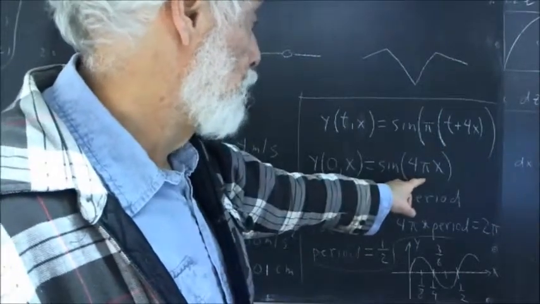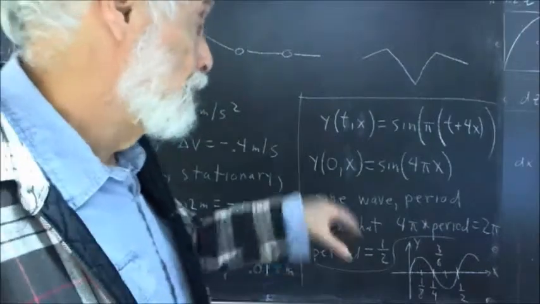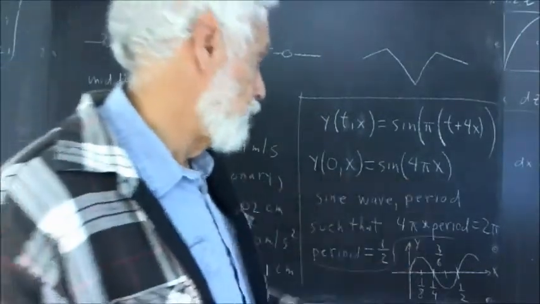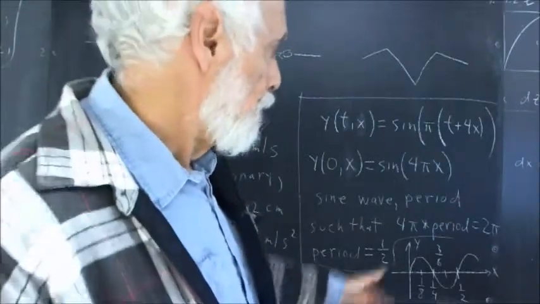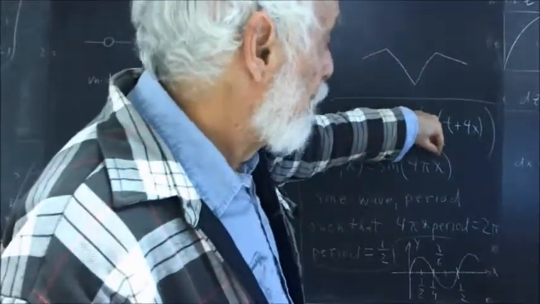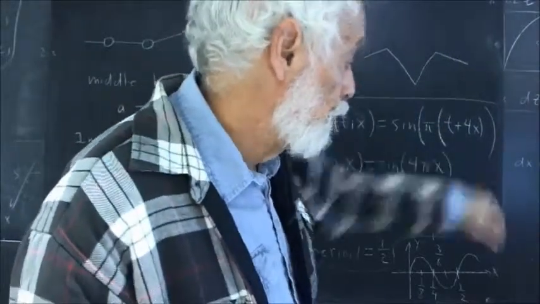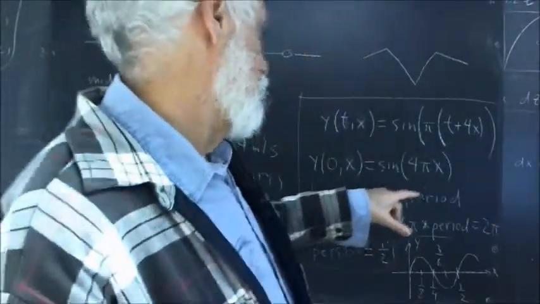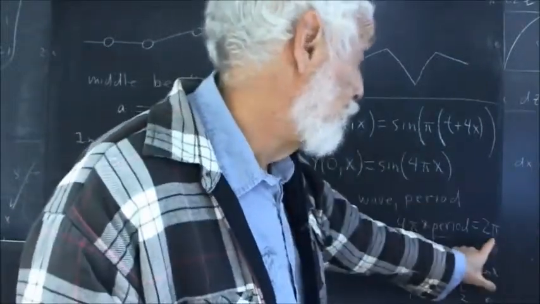Now, this is just a function of x, so we can figure out its period and various characteristics of the graph of this function. Okay, and this is a sine wave. The period has a property that 4 pi times whatever change in x corresponds to a period has to equal 2 pi, because a period occurs when this quantity here changes by 2 pi.